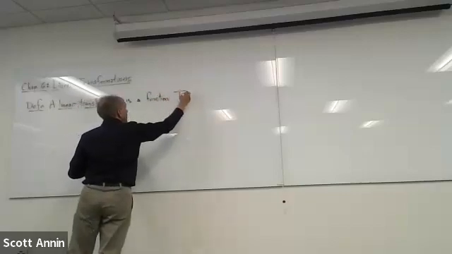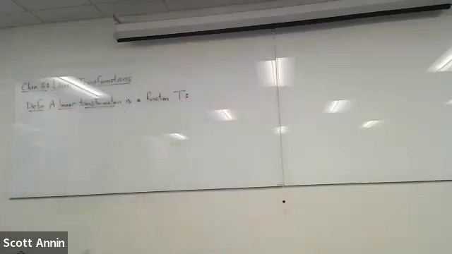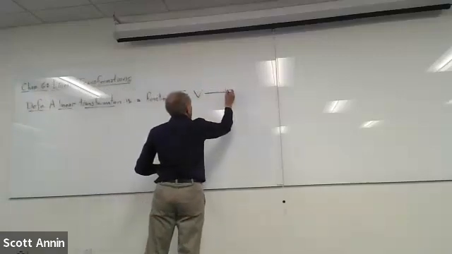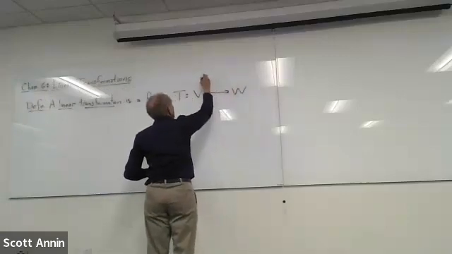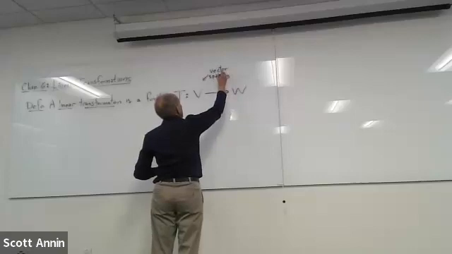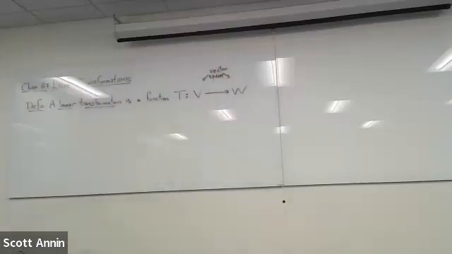I usually will use capital T for this function. So it is capital T. This is going to be my linear transformation. T is a function, it goes from V to W, and V and W, these are, of course, vector spaces. So I have two vector spaces in front of me now, V and W. Vector spaces V and W.